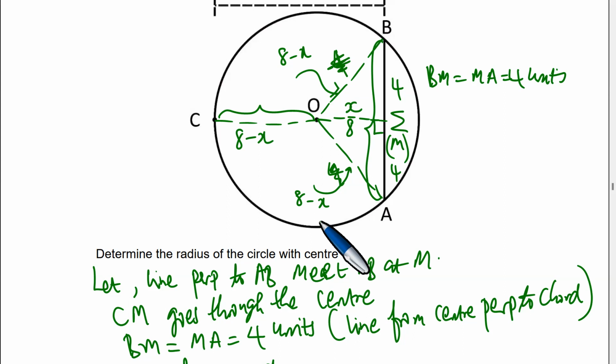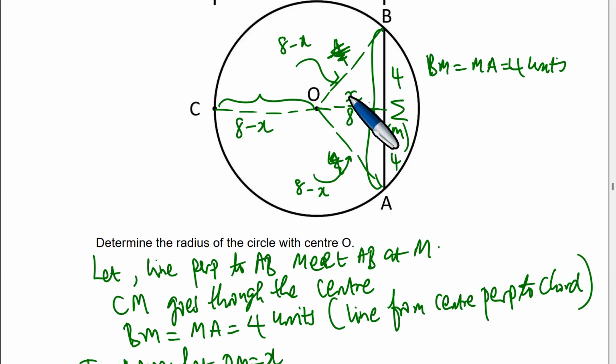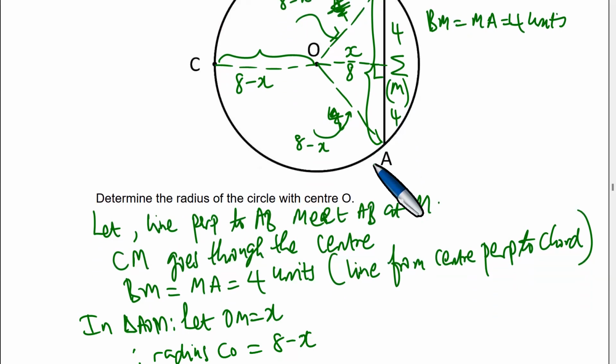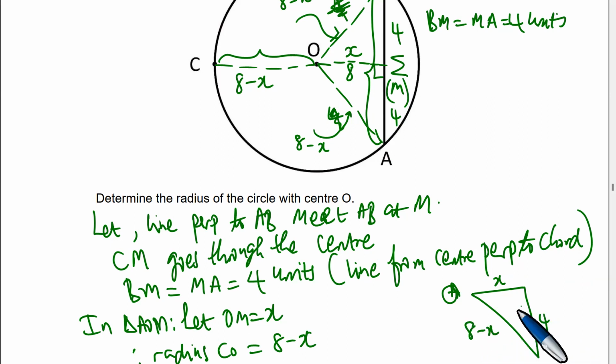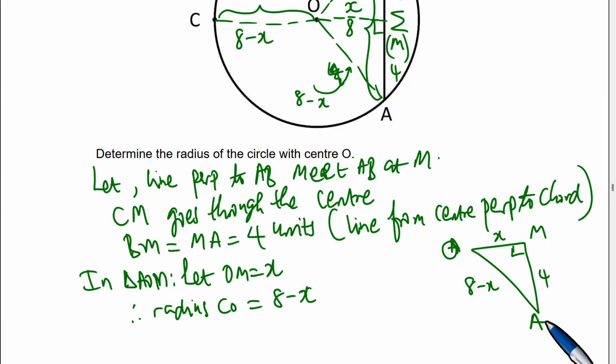So we then have a triangle. We can take one of these triangles, like this one. You have O here, this one we called X, then we have 4, then we have 8 minus X. It's a right angle triangle, perpendicular, and this is M, and that is exactly A. With that said, we are well set.